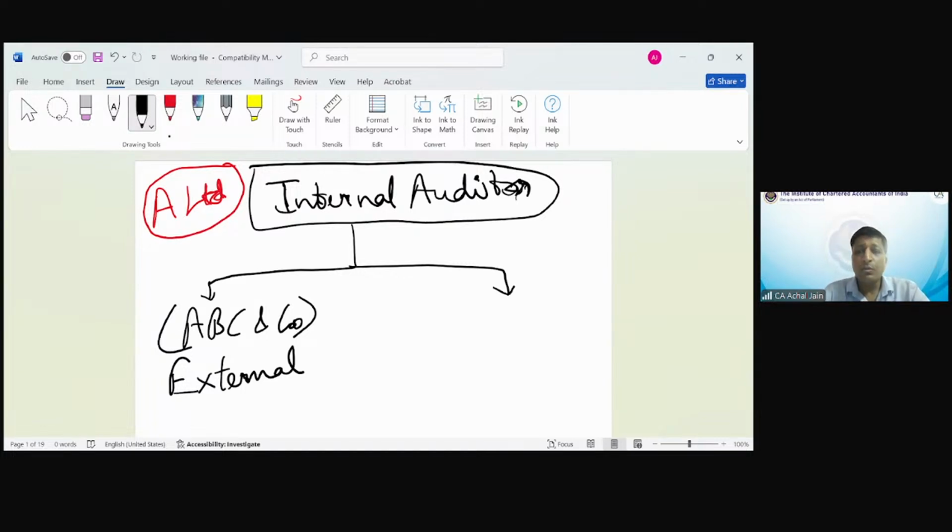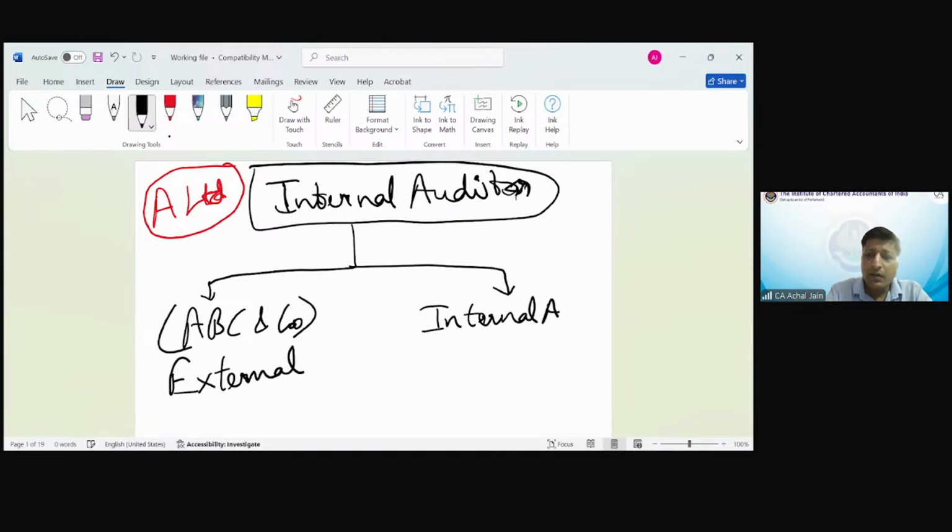Another situation or another way you may find an internal audit or an internal auditor to be in place is by appointing or having an internal audit department in-house. Okay. Say A Limited has set up a department. That's an in-house department.